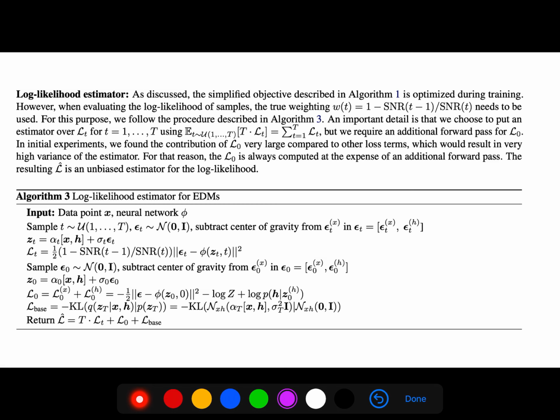However, when evaluating the log likelihood of samples, the true weighting, 1 minus signal noise ratio of t minus 1 divided by signal noise ratio at time t, needs to be used. So we follow the procedure described in algorithm 3. So they add this with the KL divergence. The base is the KL divergence, then we have L0 and LT.